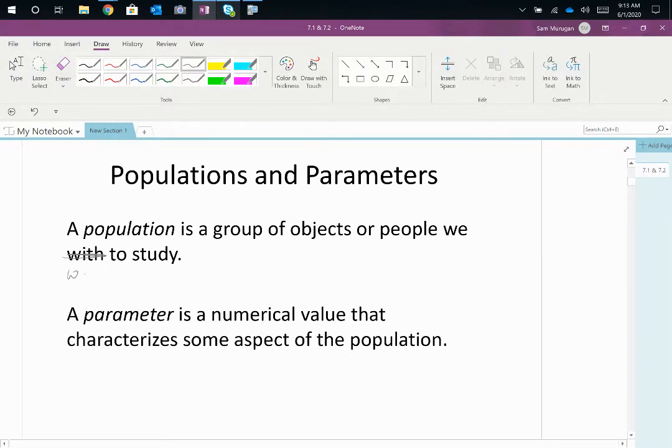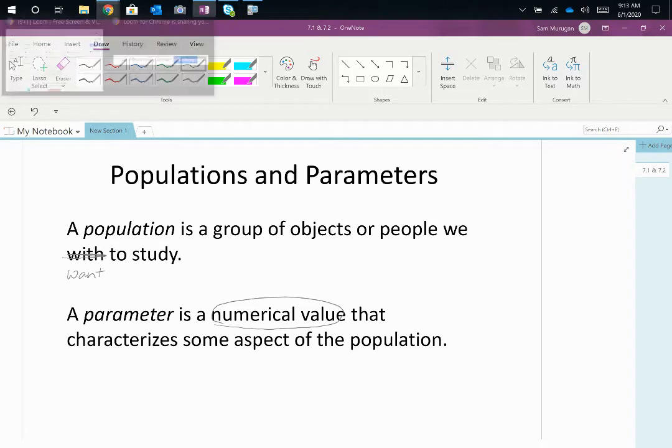A population is a group of objects or people we want to study, and a parameter is a numerical value that characterizes some aspect of the population. We're going to get into more details on this in a second.